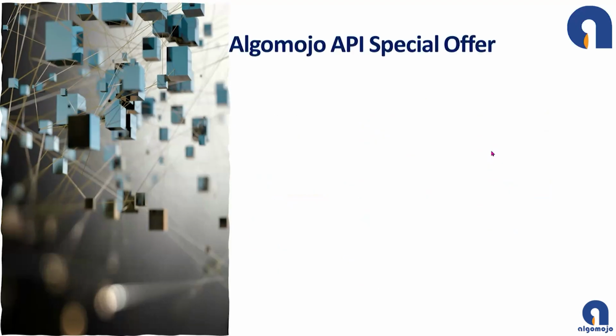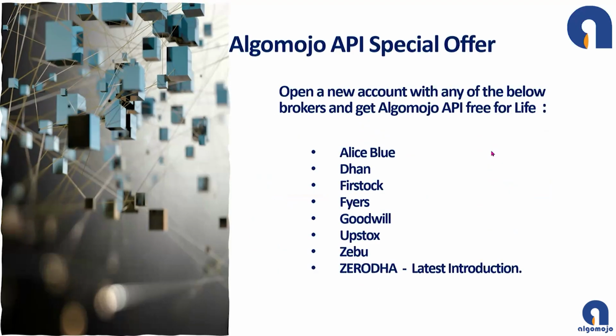Now, if you open a new account with any of these seven brokers using Algomojo as a referral, then you get the APIs also free from Algomojo for life. So kindly make use of this facility.